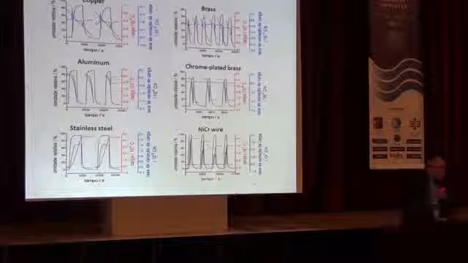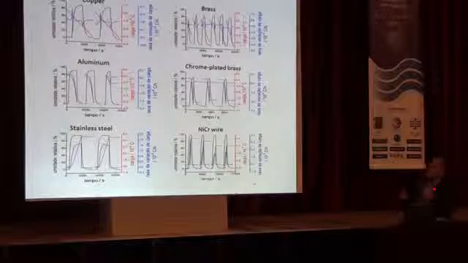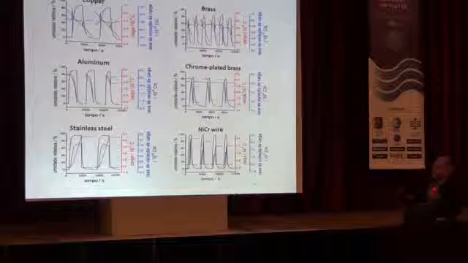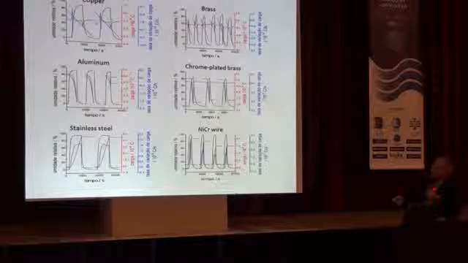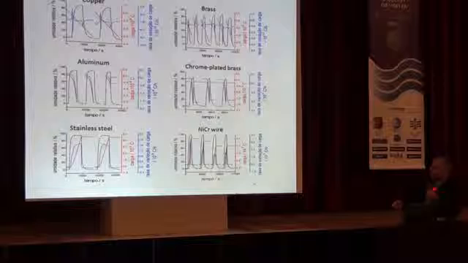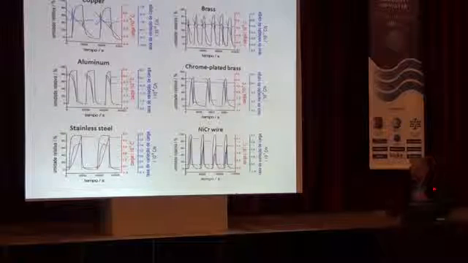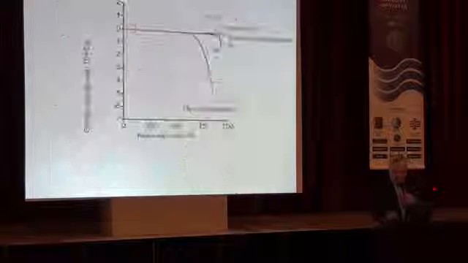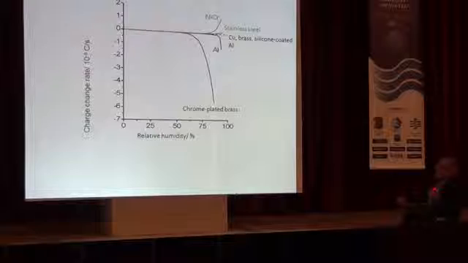And you can do it with many different metals, and they always acquire charge, but copper, for instance, acquires little charge, aluminum a lot of negative charge, stainless steel a lot of positive charge, and so on for other systems. So some results are collected here.